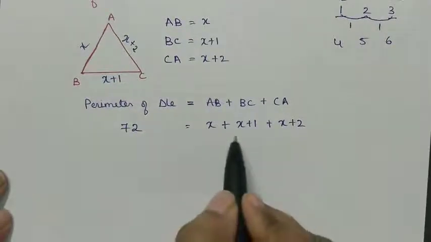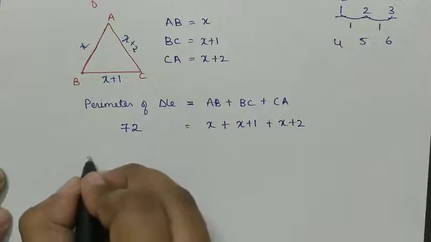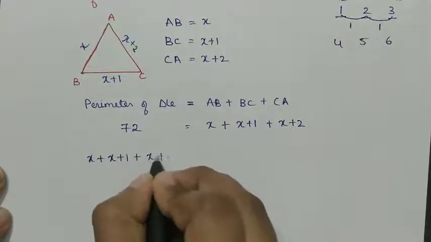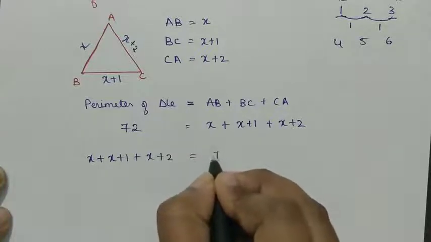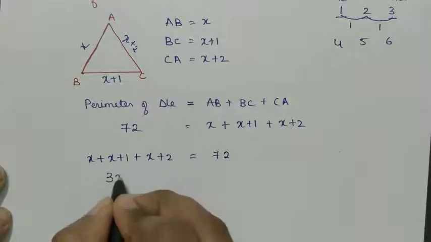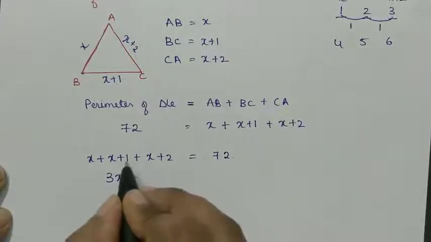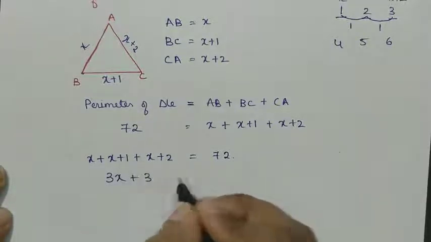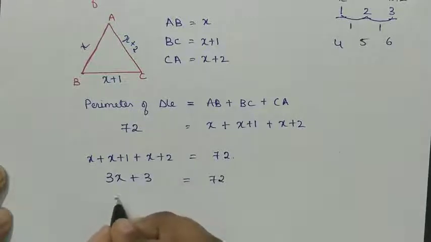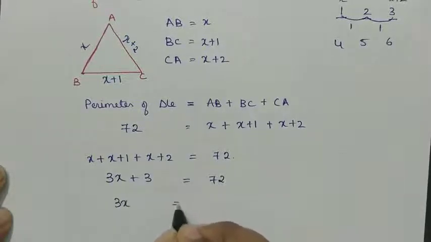Interchange LHS and RHS. x plus 1 plus x plus 2 is equal to 72. x plus x plus x is 3x, plus 1 plus 2, 3, is equal to 72. 3x is equal to 72 minus 3.